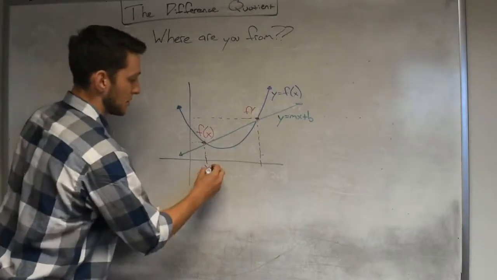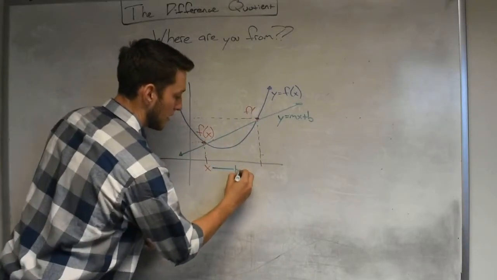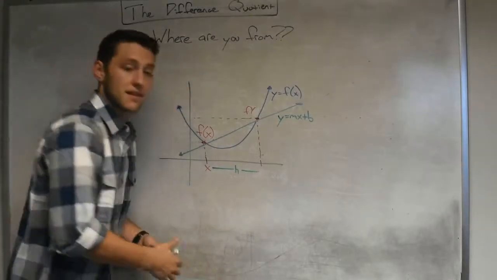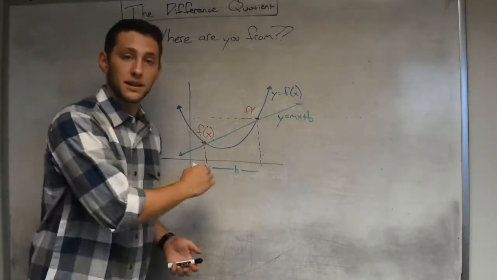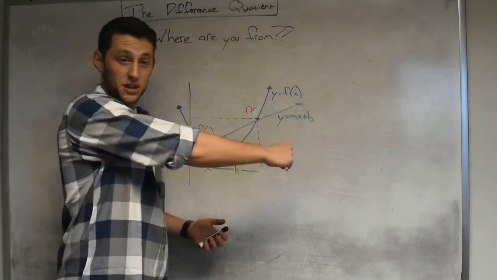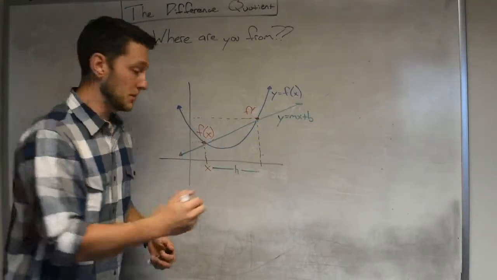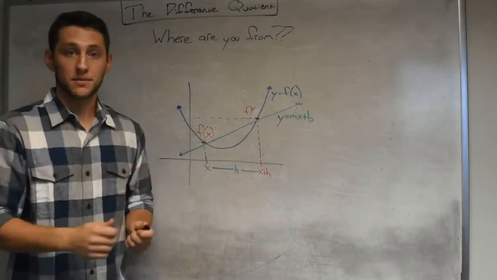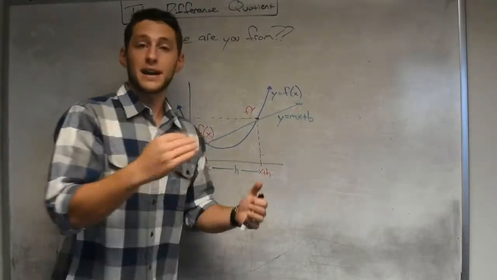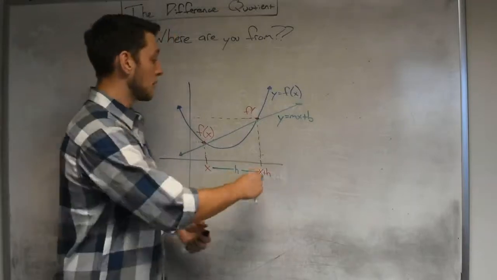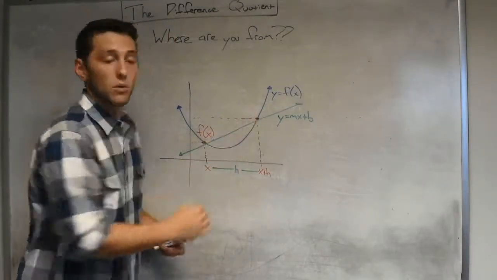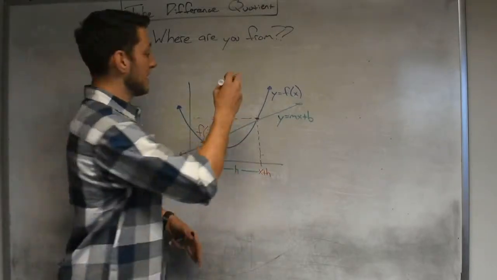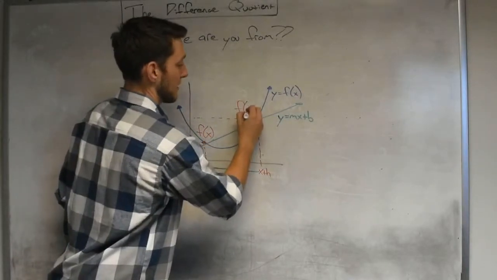So the distance between here and this next point is h. Since we picked an x already, and we walked over h, the point we would land on would be x plus h. So x plus h is an actual point right now. If we wanted to get a y value for that, we plug in x plus h to our function and we get f of x plus h.